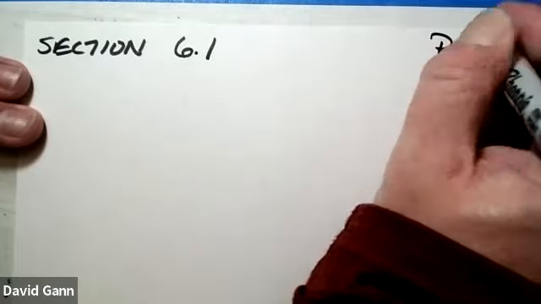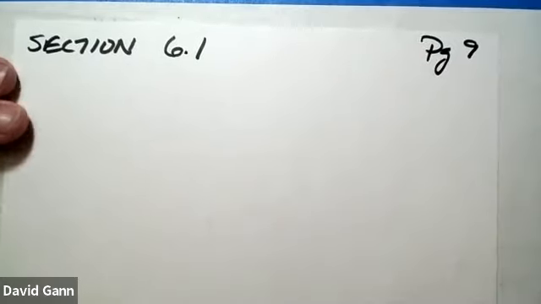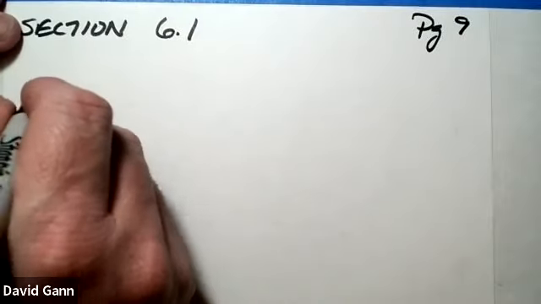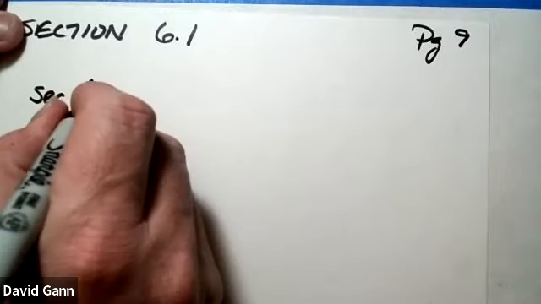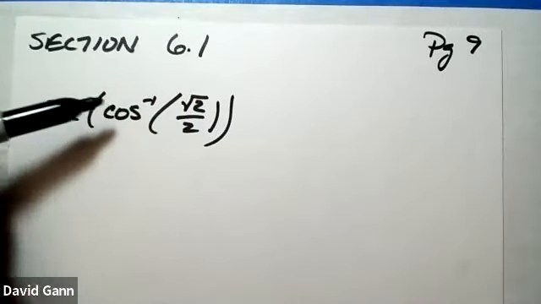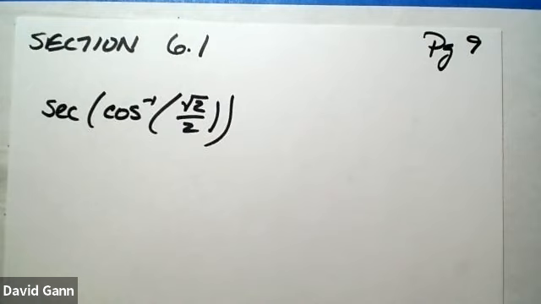But what I'd like to look at now is a situation like this one, where we have, for example, secant of the inverse cosine of the square root of 2 over 2. Now we're starting to use some things that are just a little bit different than before, but it's going to come down to the same basic strategies for now. We're going to see some stuff that actually gets pretty crazy.